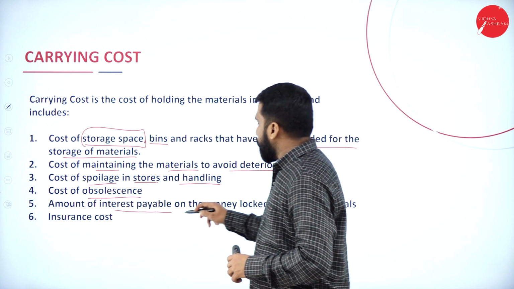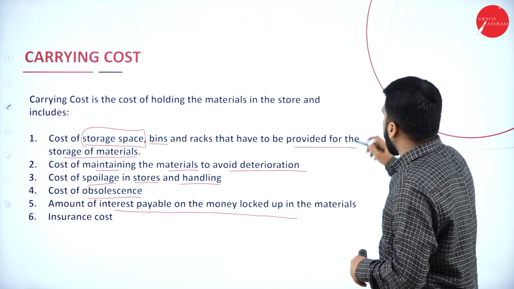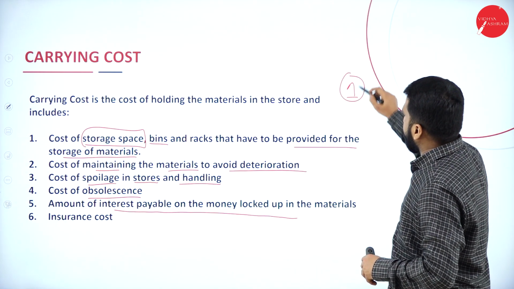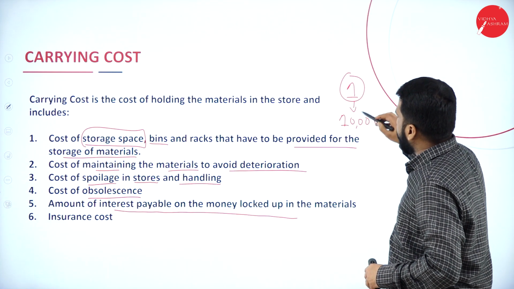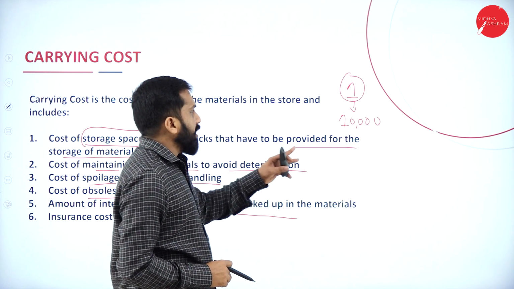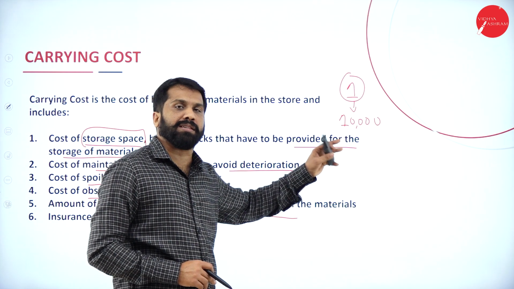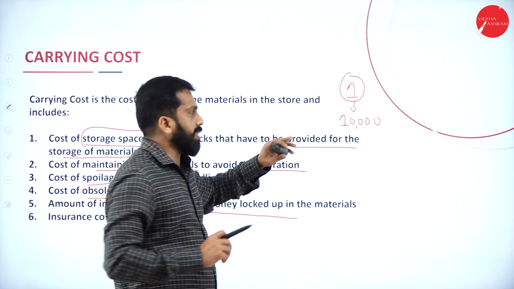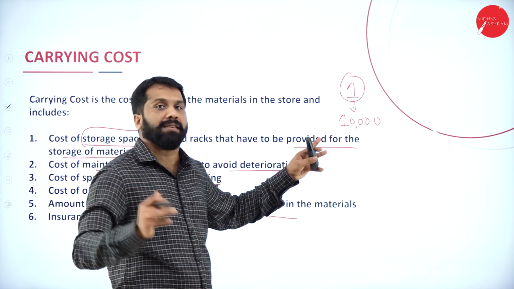Next, the amount of interest payable on the money locked. See, you wanted to buy only one unit, which costs you around 10,000. You went shopping for one unit, and it is 10,000. But the shopkeeper said that instead of buying one unit every month, you buy 10 units.